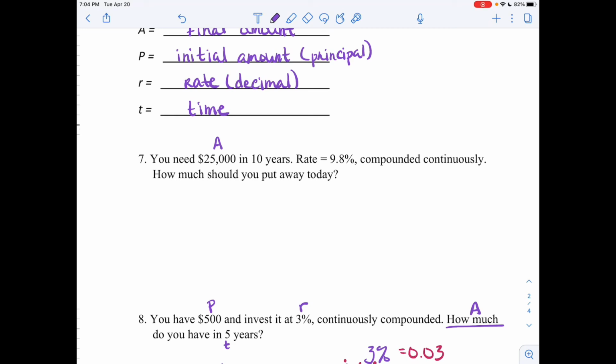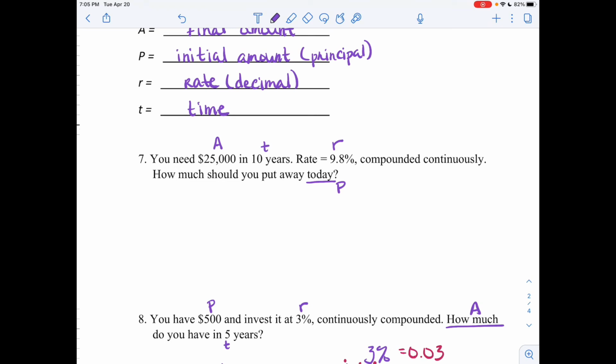So that's A, not P. We have a 10-year time frame, so T is 10 years. Our rate is 9.8%, which we will change to a decimal, and we're compounded continuously, so we know we are using an E value. We want to know how much we should put away today, so we want to solve for P. We know A, we want to solve for P this time.